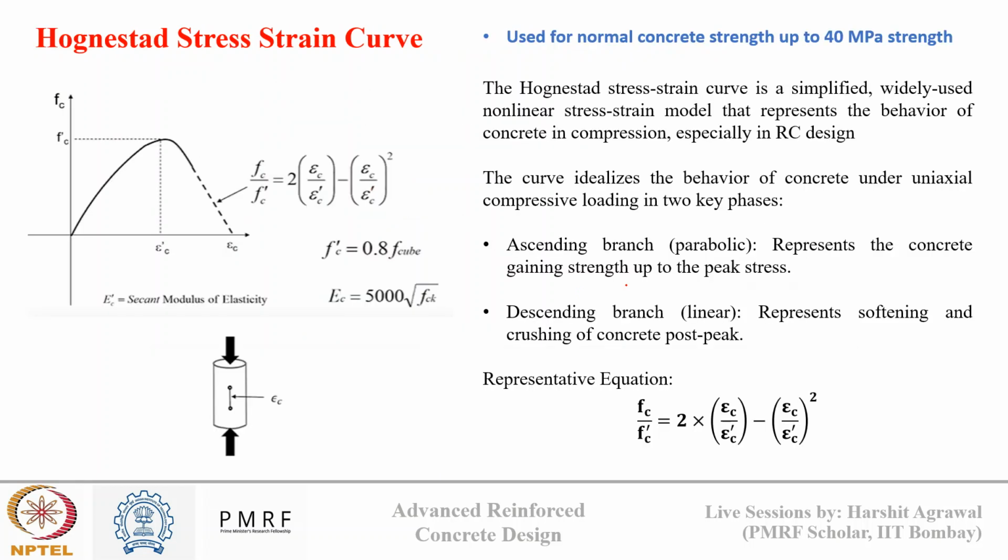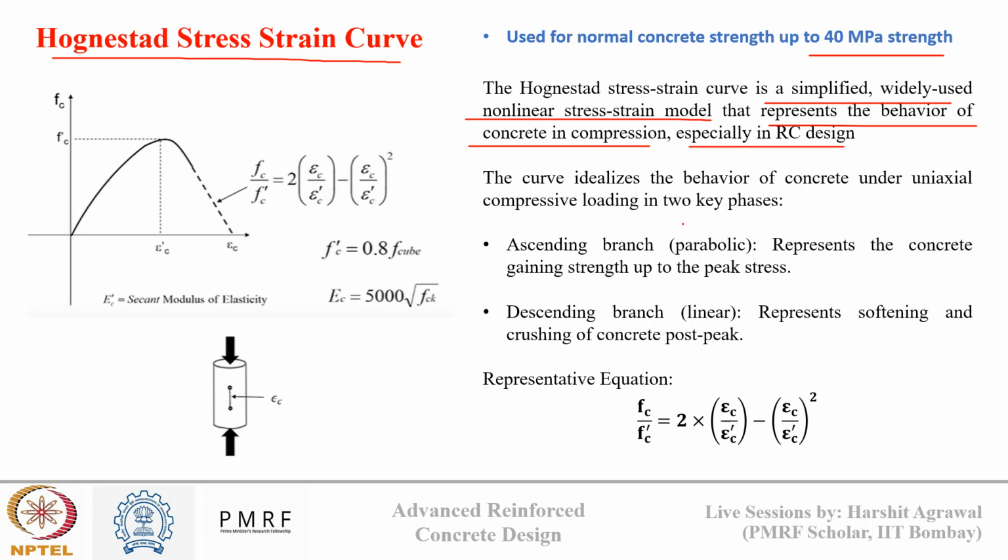Okay, so for concrete having strength lower than 40 MPa, the Hognestad stress strain curve relationship is used. Okay, it is commonly used for representing the stress versus strain profile of concrete when the strength is less than 40 MPa. So this curve is basically a simplified and widely used non-linear stress strain curve model that represents the behavior of concrete in compression, especially in reinforced concrete design.